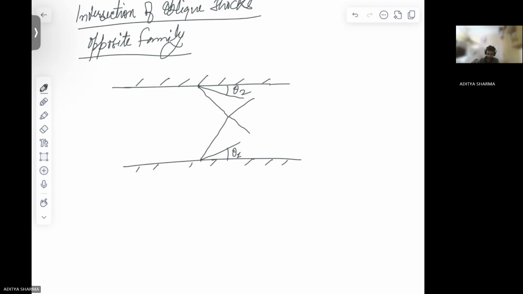And then from here, your slip line will arise. This is your A oblique shock. This is your B oblique shock.